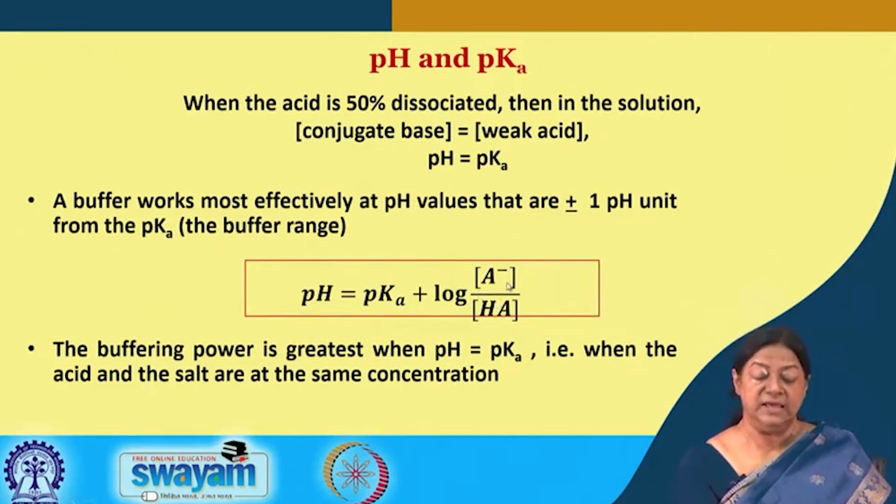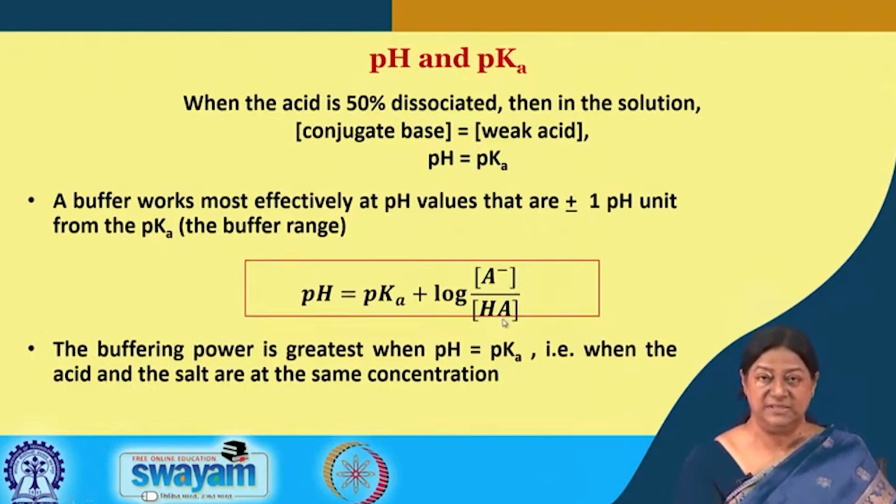First, I see that if I have 50% dissociation, this means that the concentration of A minus and the concentration of HA are equal. This means that the pH is equal to pKa. So, when the pH is equal to pKa, the concentration of the conjugate base and the concentration of the acid are equal.